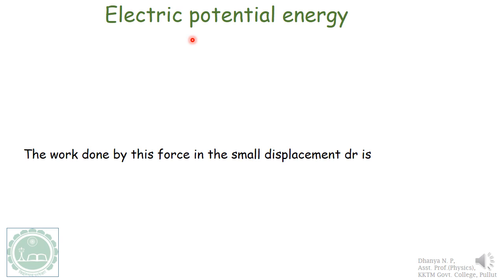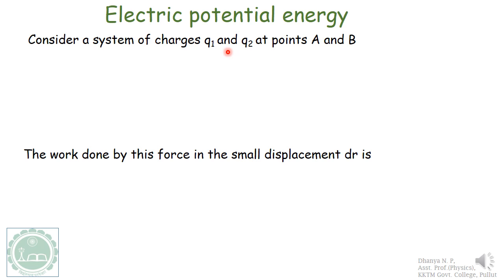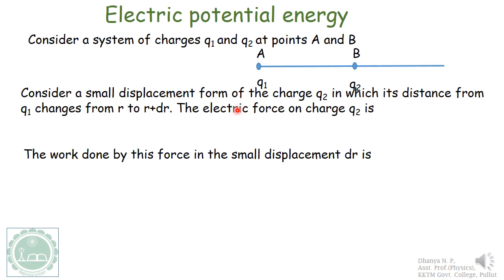Then electric potential energy. Consider two charges Q1 and Q2 at points A and B. Q1 is placed at A and Q2 is placed at B. Consider a small displacement of the charge Q2, in which its distance from Q1 changes from R to R plus dr. The electric force on the charge Q2 is F is equal to 1 by 4 pi epsilon 0 Q1 Q2 by R square along AB.